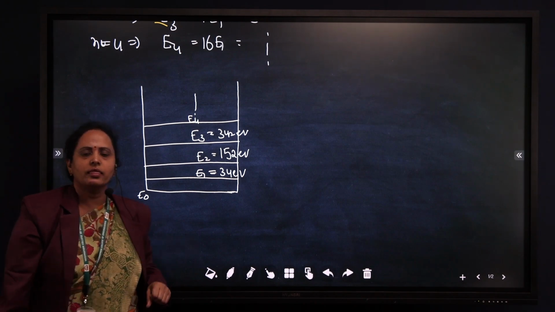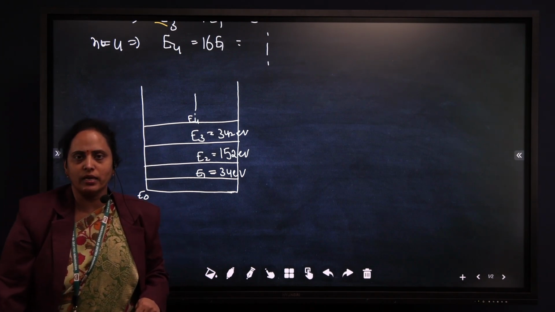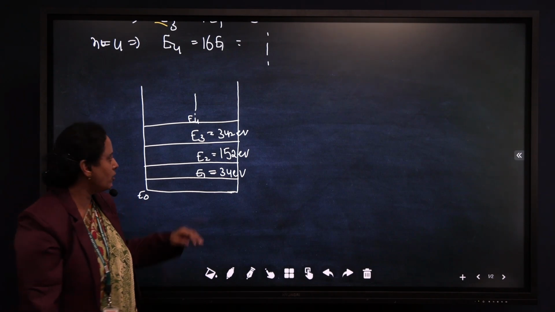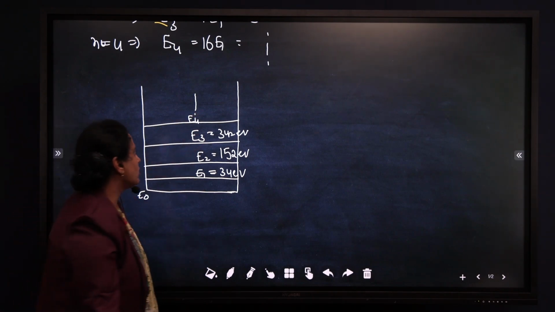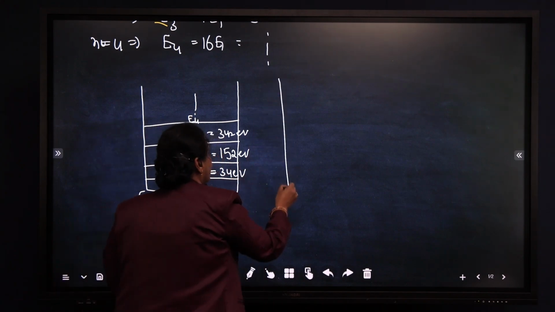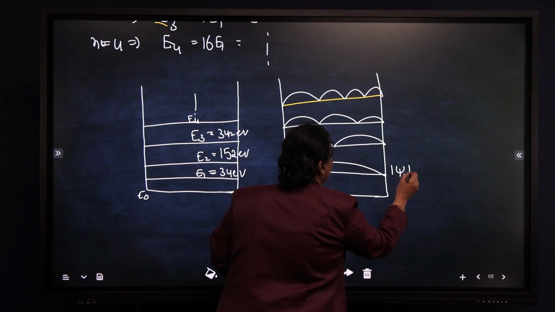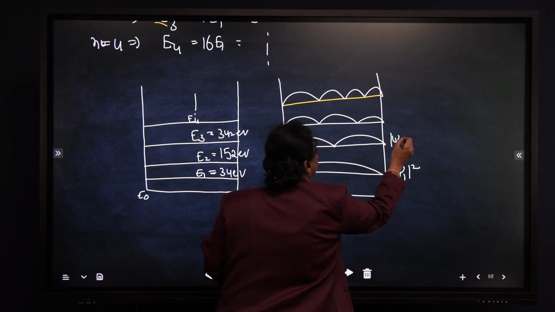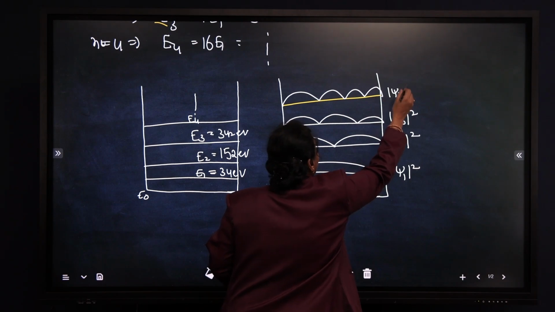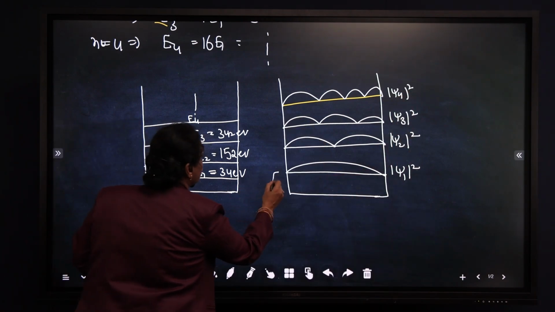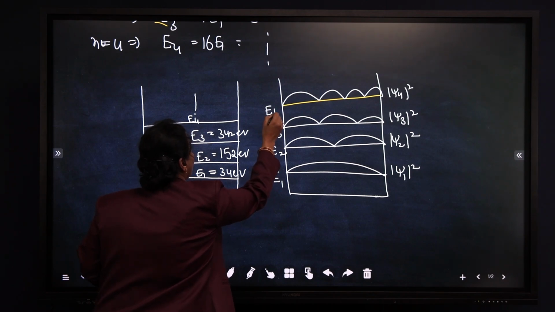So the energy of an electron in a potential well is quantized, not continuous. That is, discrete energy levels exist for the electron, and the wave functions are psi 1 square, psi 2 square, psi 3 square and psi 4 square, with energies E1, E2, E3 and E4.